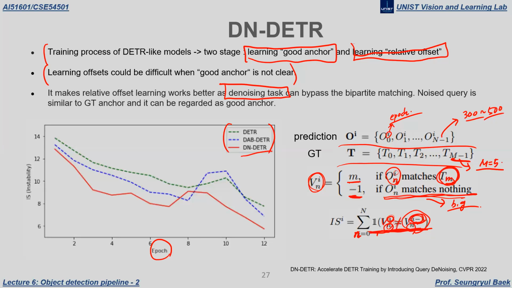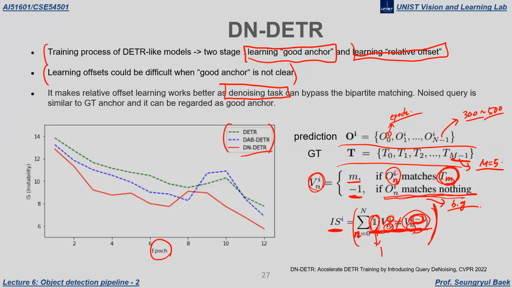If they are not the same, it becomes 1. Otherwise, it becomes 0. And if we add them, this IS means the number of differently matched samples.